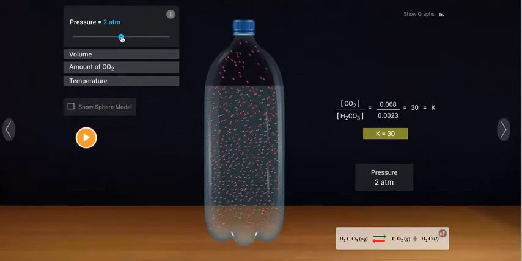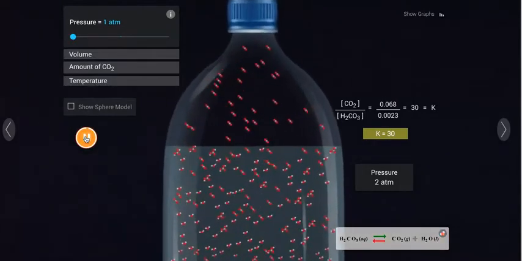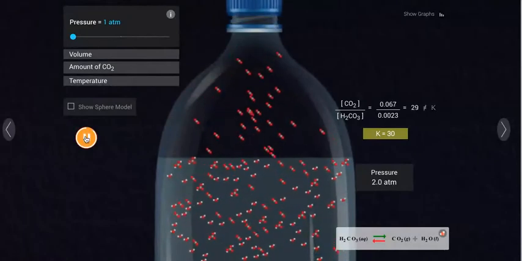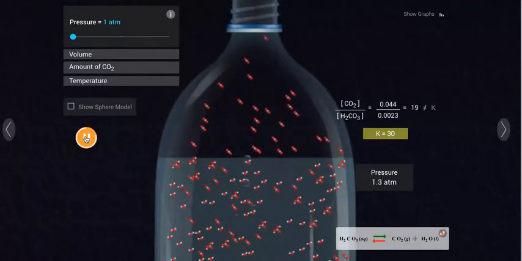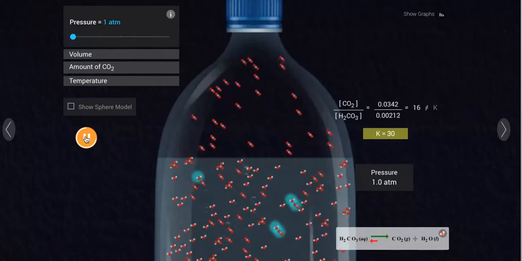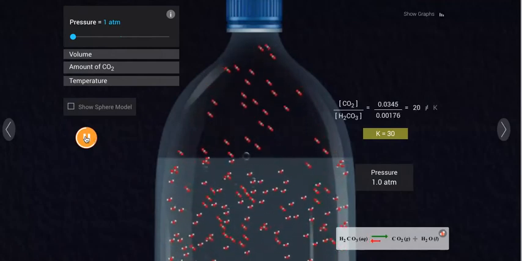And in that process, make note of what is happening. So I'm going to reduce the pressure to 1 atm. And let's take a look. Releasing the pressure, return the cap.